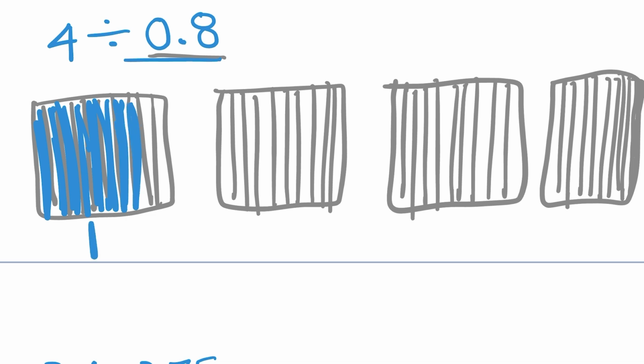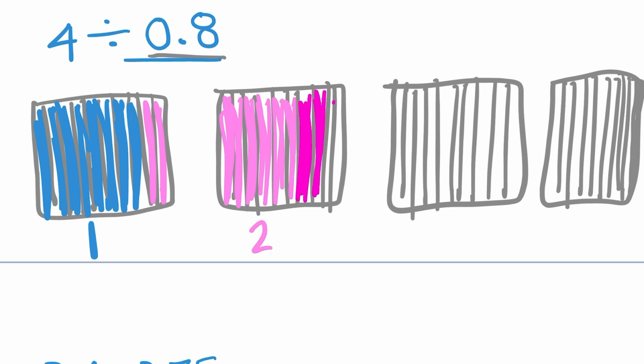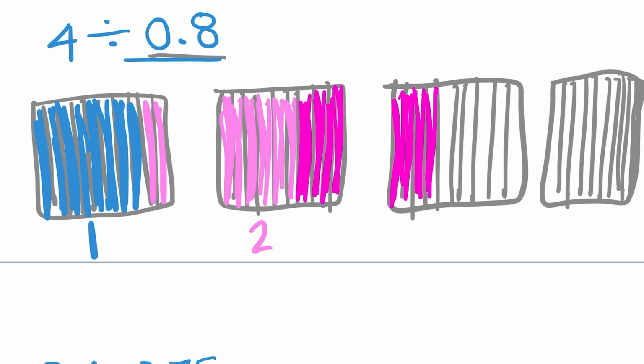That's 1 group. 1, 2, 3, 4, 5, 6, 7, 8. That's 2 groups. That's 3 groups.